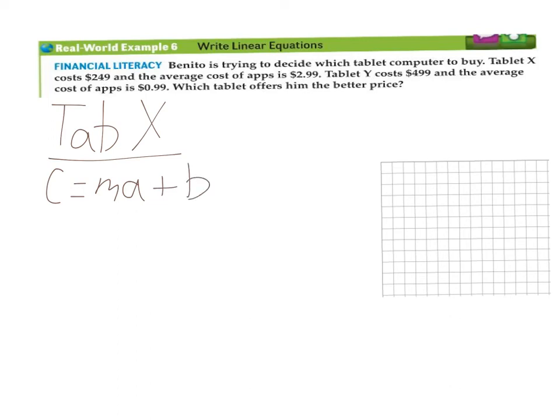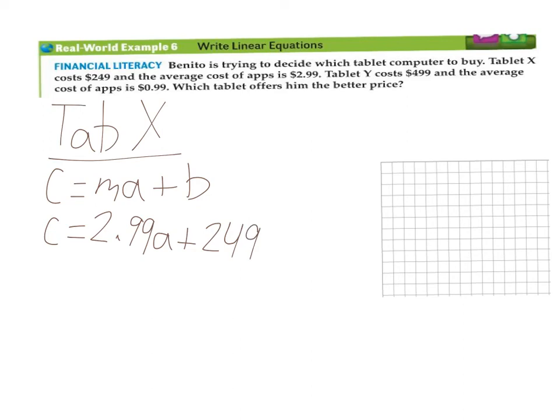So with tablet X, the overall cost is going to be equal to the price per app, $2.99, times the amount of apps we're going to buy, plus the base price of tablet X, which is $249.